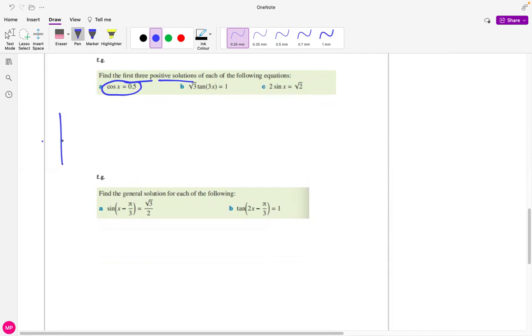Previously we talked about a half: the angle is pi/3, and cos in quadrant 4 is 2 pi minus pi/3, which gives you 5 pi/3. So we write it as two general solutions. And you can see here why we can't combine these, because this part is a lot bigger than the small part here.